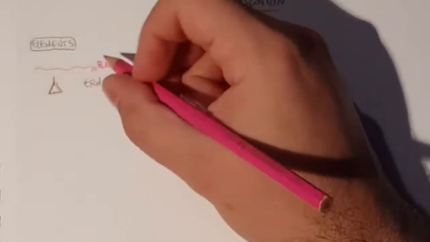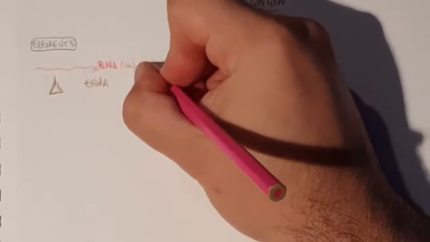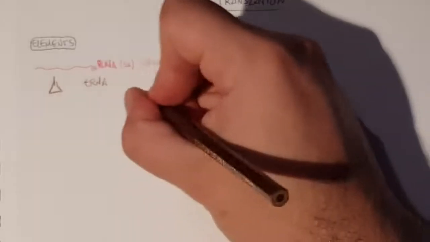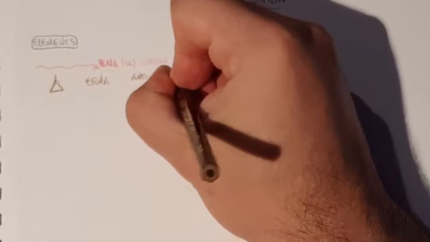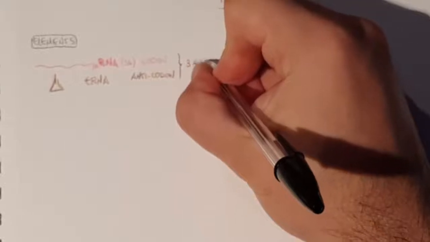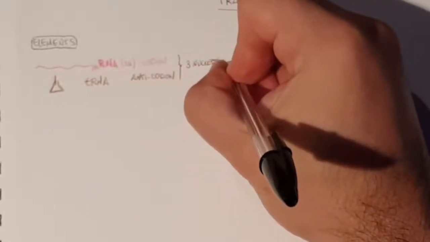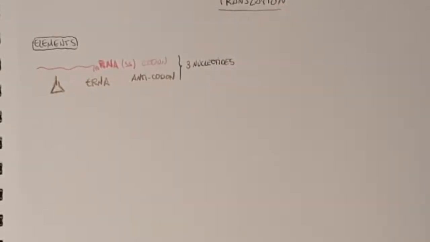You remember also that mRNA has the codons and that tRNA has the anticodons. Codons and anticodons are sequences of 3 nucleotides that are going to have a special relationship between themselves.